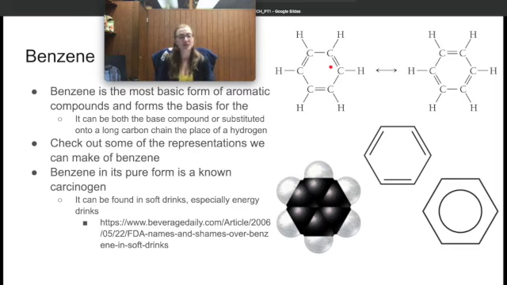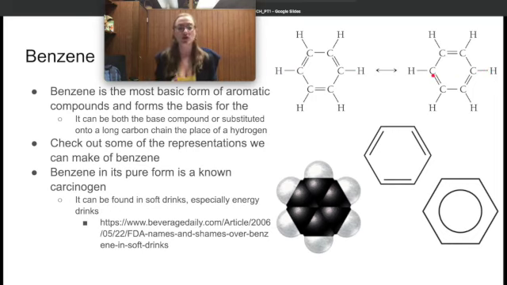One of the interesting things is that once we had this idea that we could have these cyclic structures, that we might be able to have something like benzene, and we were able to start taking measurements of the bonds in the structure, what we noticed was that we could have the possibility of 2 structures, and those 2 structures did something very interesting. If you look at my 2 pictures here, these are something called resonance structures.